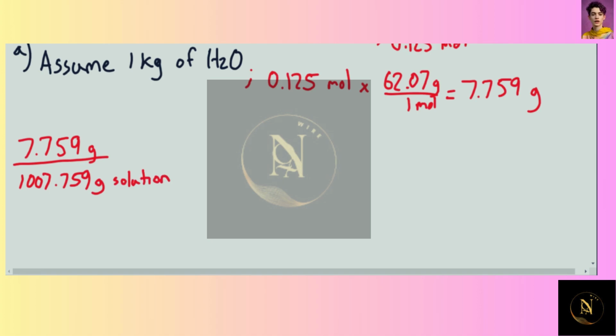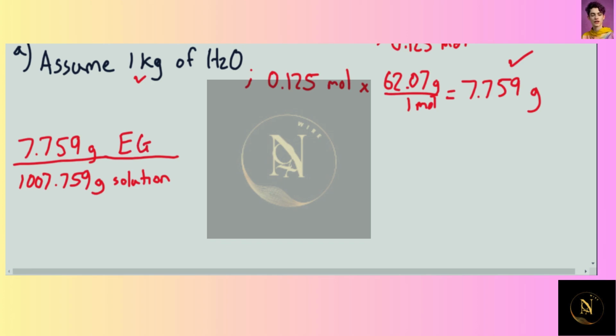So this value here is coming from the mass of water, 1 kilogram or 1,000 grams, plus the mass of ethylene glycol. So this is our ratio.